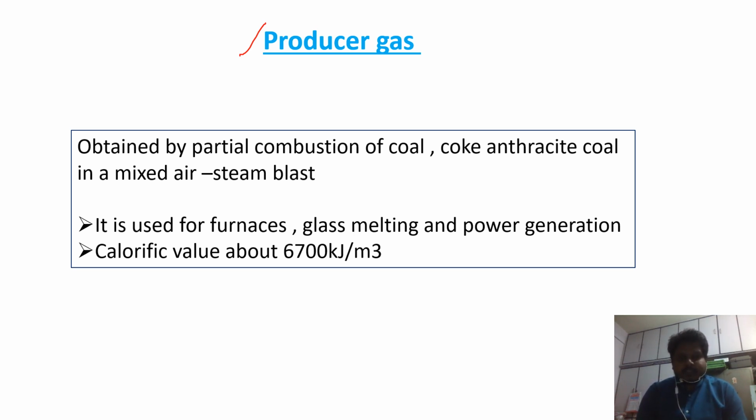This type of gas can be obtained by partial combustion of coal and coke or anthracite coal in a mixed air steam blast. Generally, it is used for furnaces, gas melting and power generation. The calorific value of producer gas is about 6,700 kilojoule per meter cube.